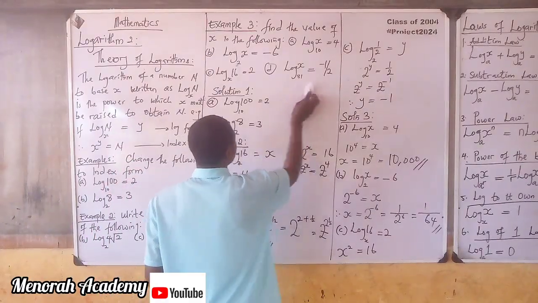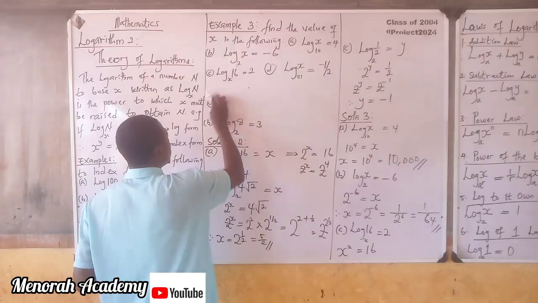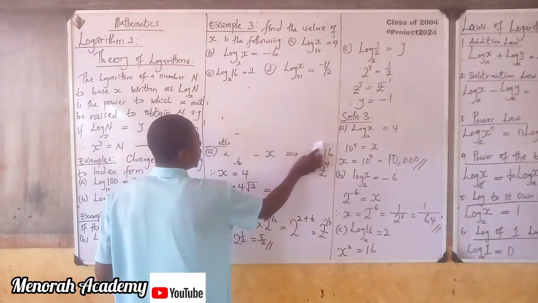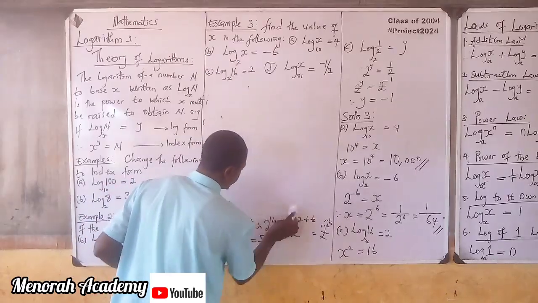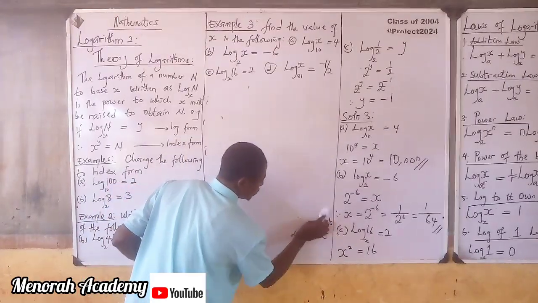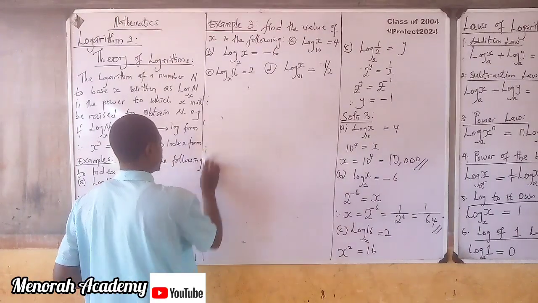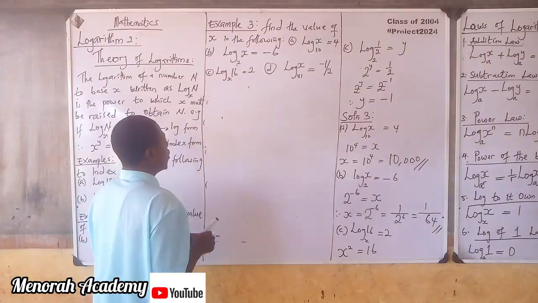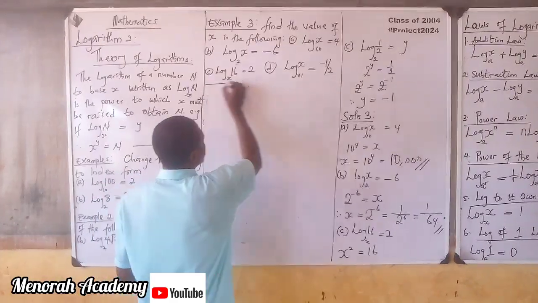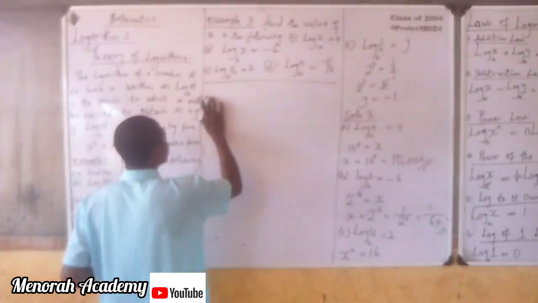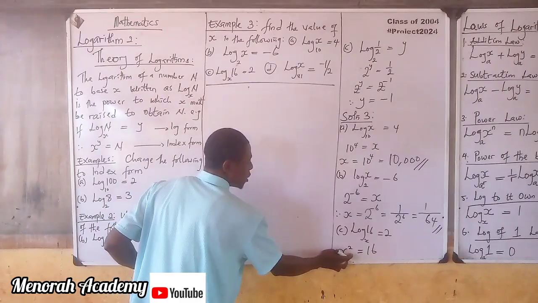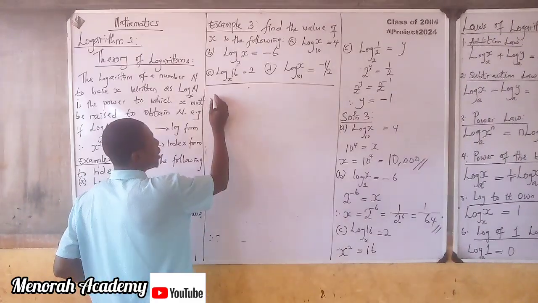Let me clean this please. Okay, so now remember this, let me partition the board. Now that we have x squared equals 16, remember you are going to take the square root of both sides.